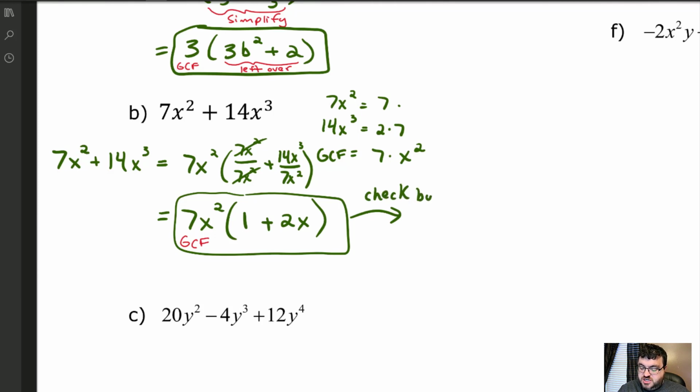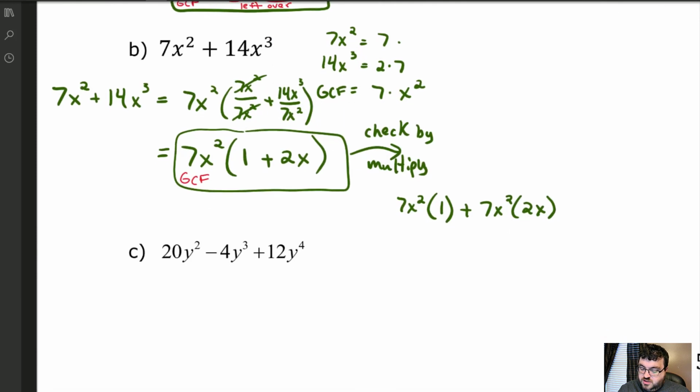So you can always check your solution by multiplying, just like we talked about in the last section. So you take 7x squared and distribute it to the 1. You take 7x squared and distribute it to the 2x. Well, 7x squared times 1 is 7x squared. 7x squared times 2x, 7 and 2 make 14, x squared and x make x cubed.